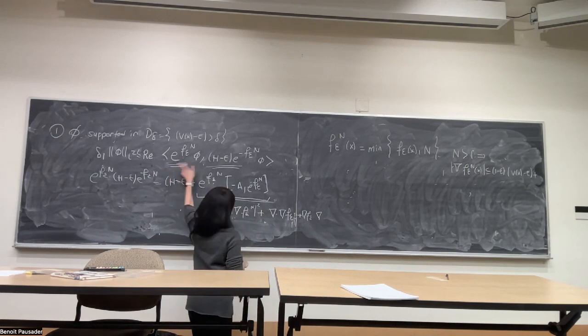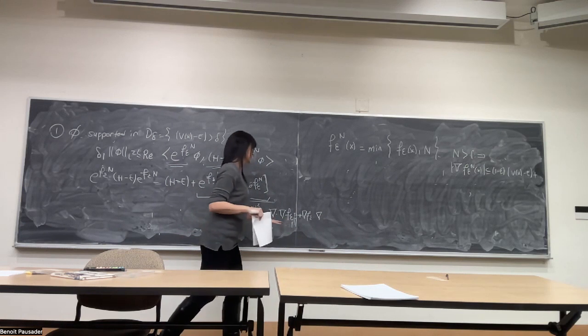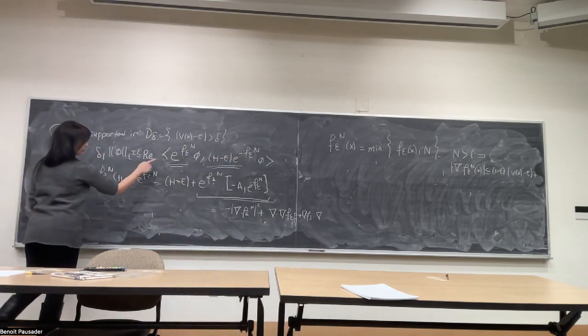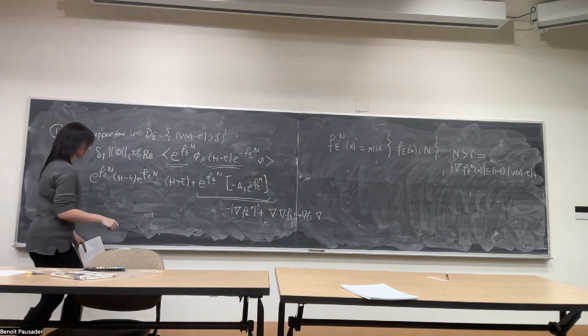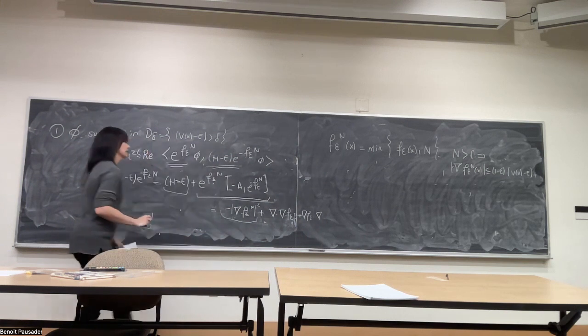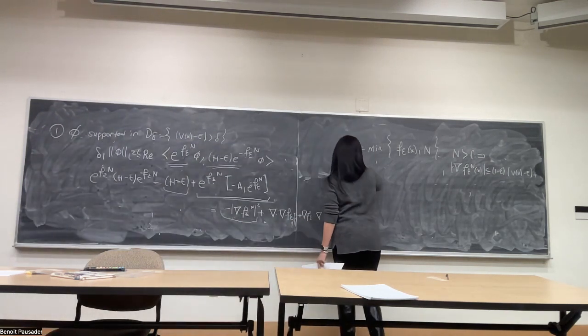Now I put this real so that I don't have to deal with it, and I'll just cancel it directly because it's anti-symmetric. So when I now look at this real part, I will have to deal with this and this. So let me write first.